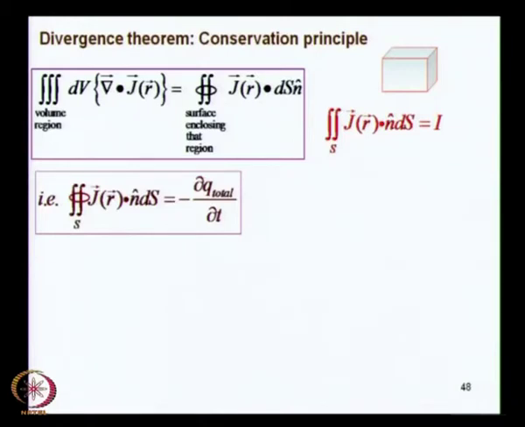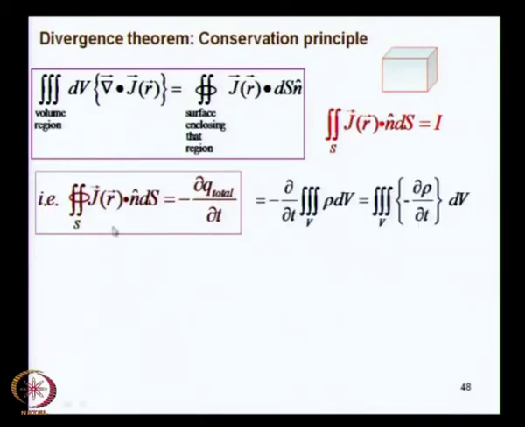These results we have got, but this charge now, the total charge, we write as the volume integral of the charge density. Move this time derivative operator inside the integration sign, because these two processes can be carried out independently of each other, and now you have got a volume integral over here which is equal to the surface integral, but this surface integral is equal to this volume integral over here.